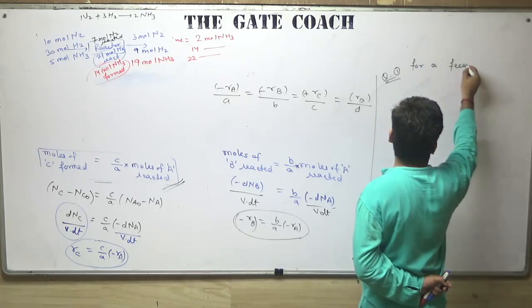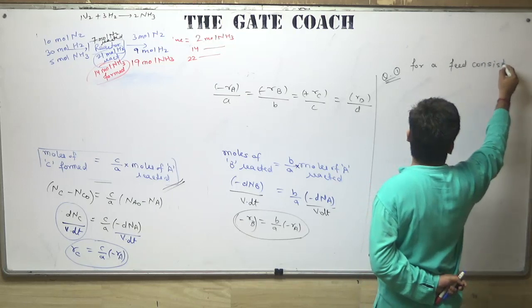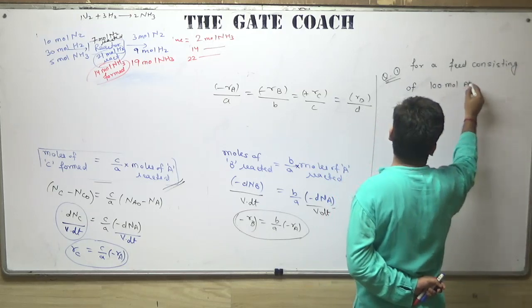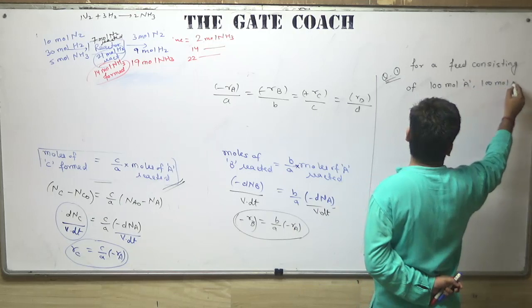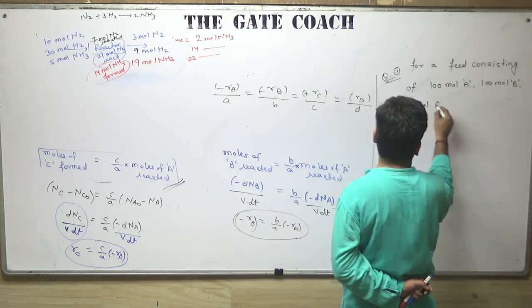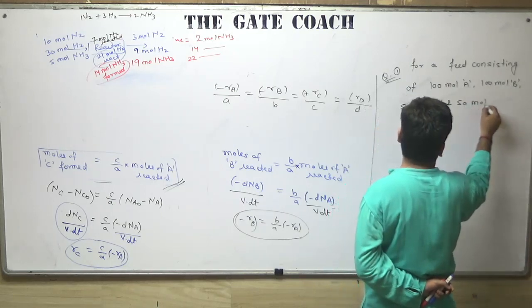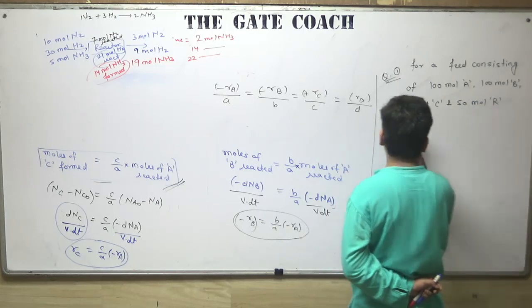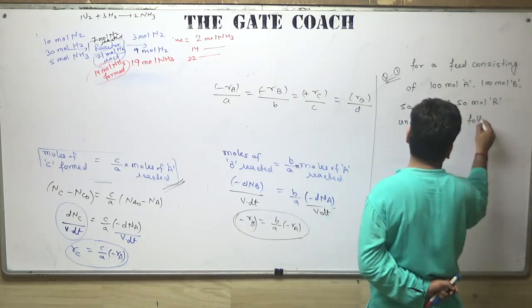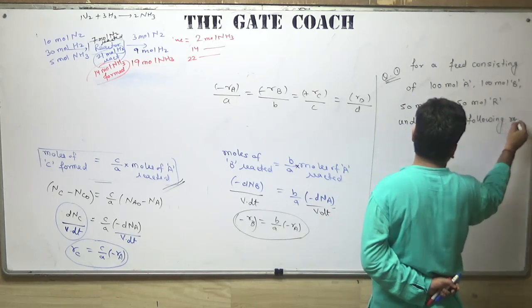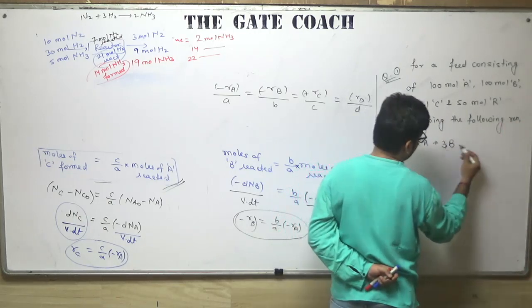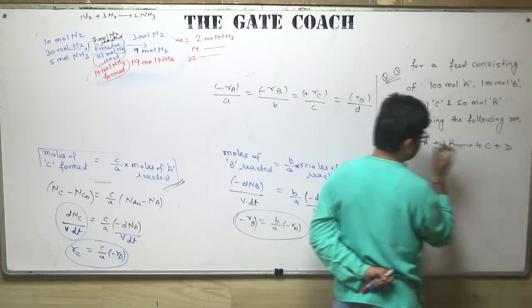For a feed consisting of 100 moles of A, 100 moles of B, 50 moles of C and 50 moles of R undergoing the following reaction: 2A plus 3B gives 4C plus D.